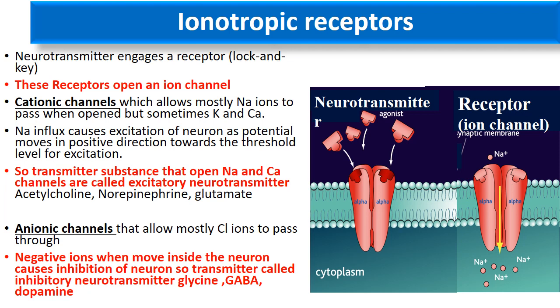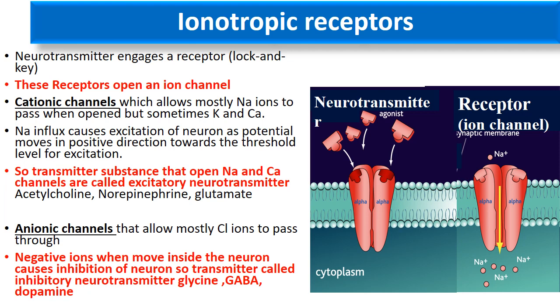The anionic channel passes negatively charged ions. For example, the neurotransmitter comes and binds, the ion channel opens, and the chloride ion will move from outside to inside. Again, the gradient of chloride is from outside: there is more chloride in the ECF as compared to the ICF. So chloride will move from outside to inside.